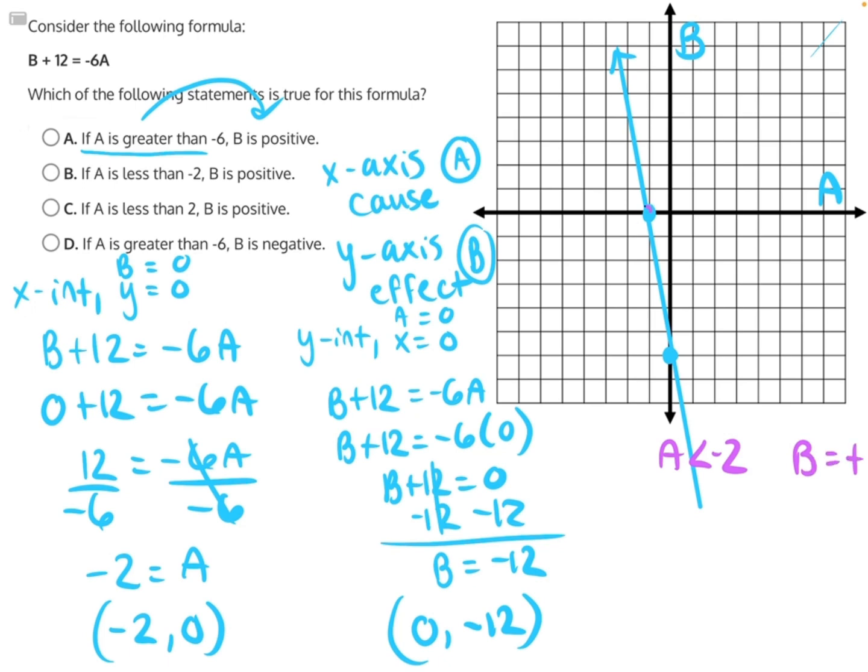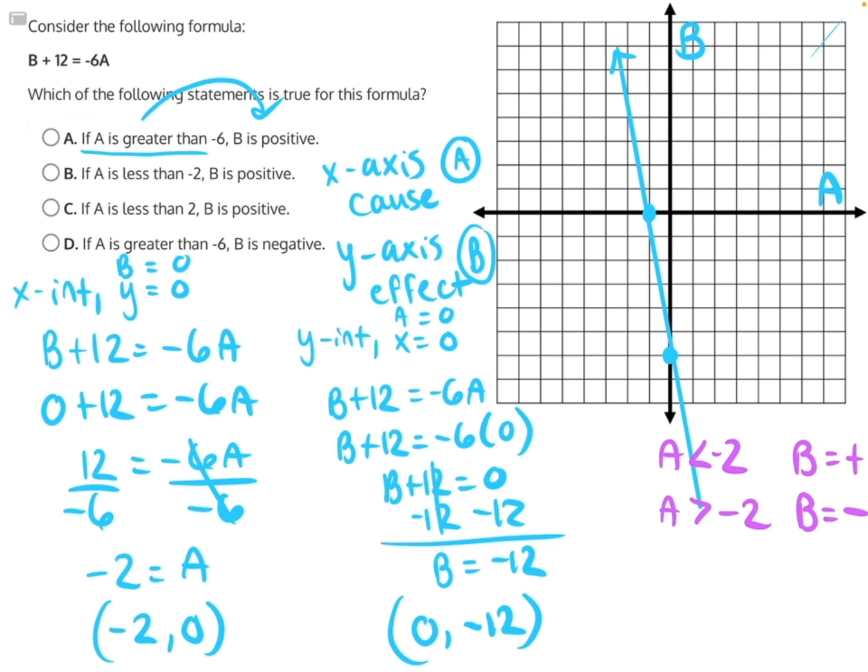And then on the other side, when we have all of the values that are greater than a equals negative 2, we have nothing but negative b values that are below the x-axis. So we can say when a is greater than negative 2, b is negative, and that will help us find our answer.